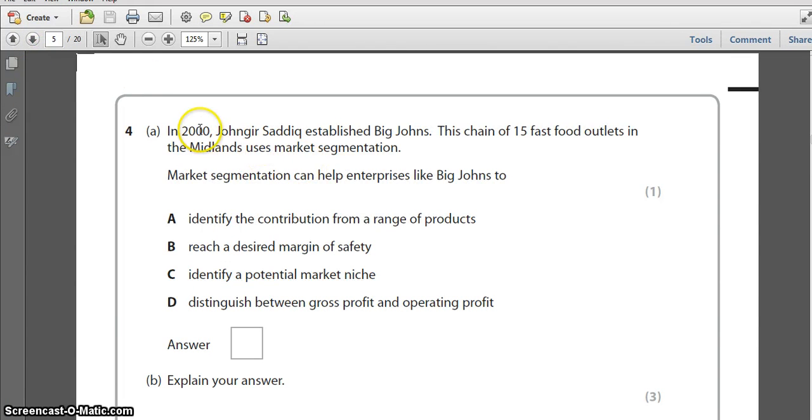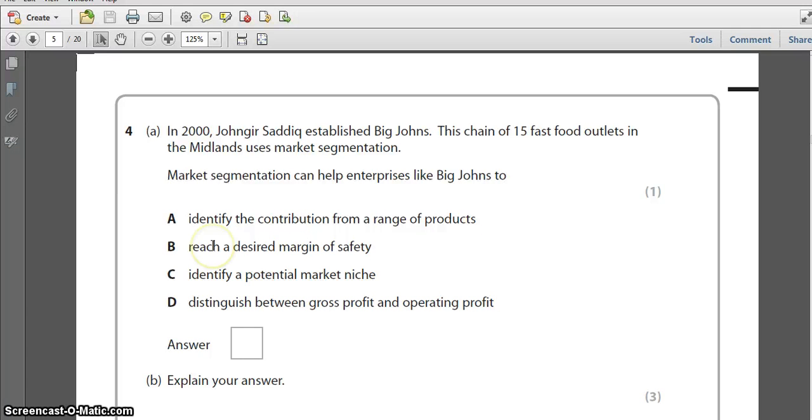Question 4. In 2000, there was Big John's. Big John's is a fast food outlet in the Midlands using market segmentation. Market segmentation can help enterprises like Big John's too. So I've got to think, what is market segmentation? Well, market segmentation is when a business draws a graph of a market and uses 2 different variables to plot the businesses, for example, price versus quality, or age of customer versus quality of product.